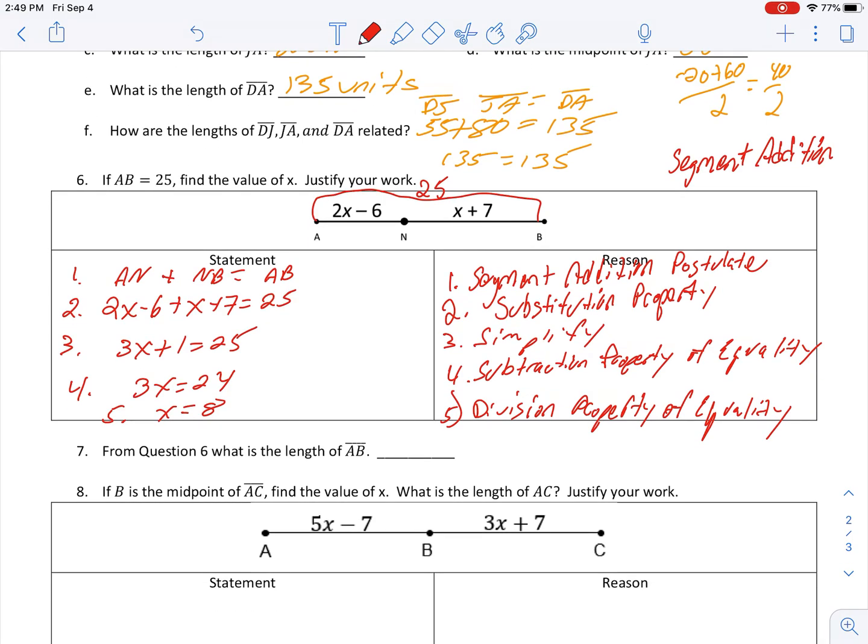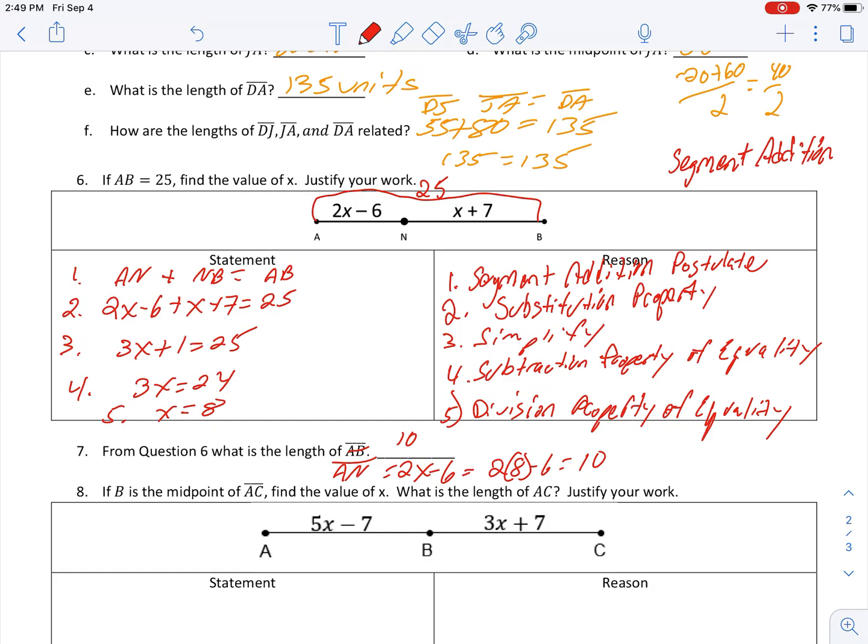And then question 7 says, from question 6, what is the length of AB? That is a typo. Because AB, we already knew, is a length of 25. It should have been, what is the length of, say, AN? So AN is 2x minus 6. I just found x to be 8. So 2 times 8 minus 6. 2 times 8 is 16. 16 minus 6 is 10.